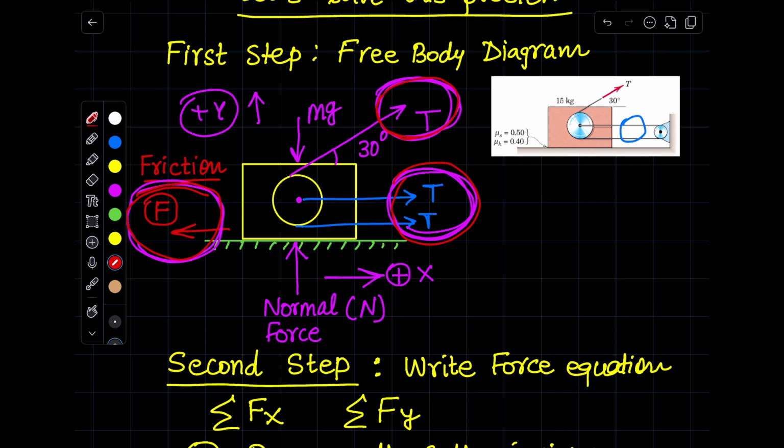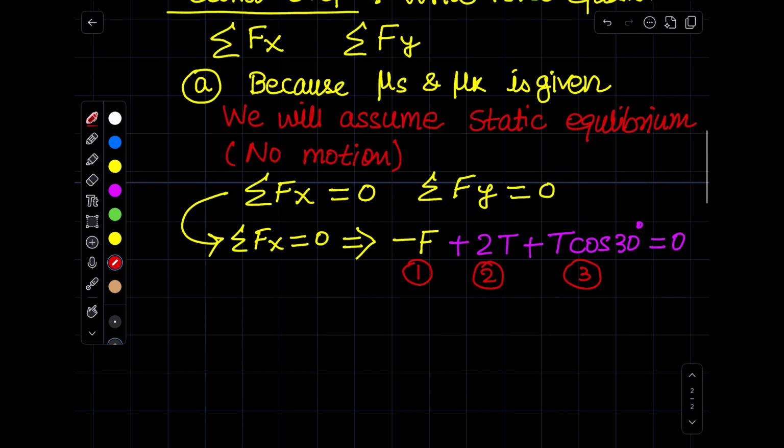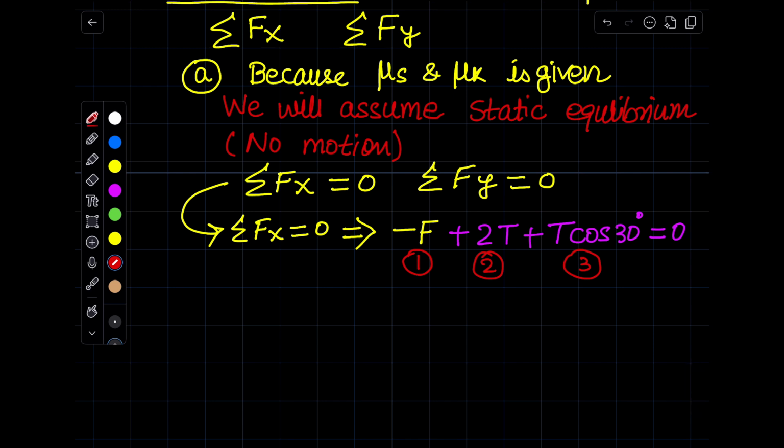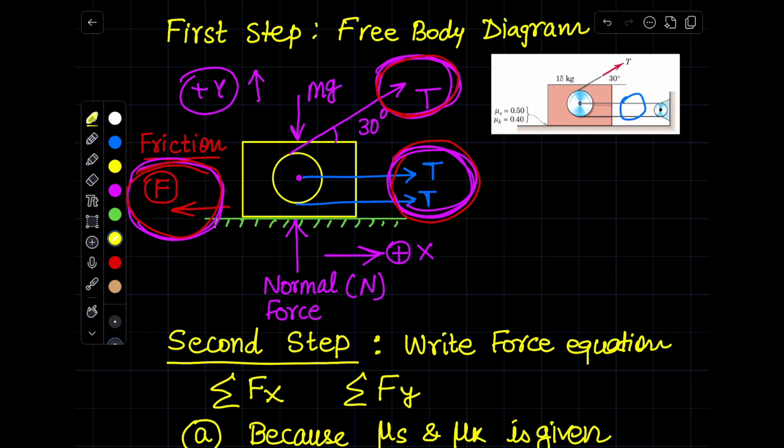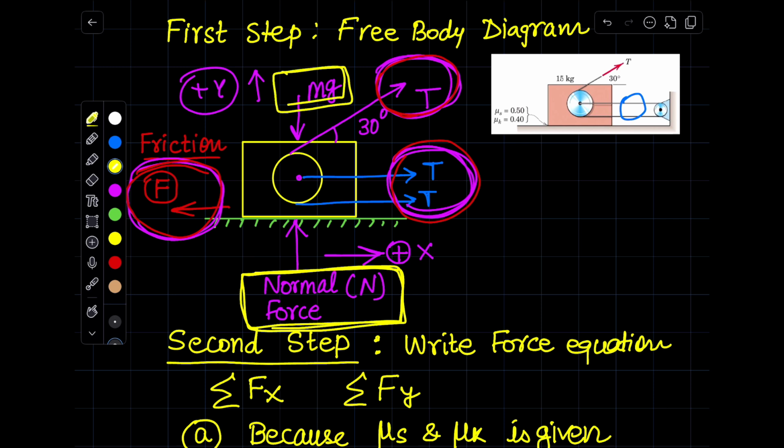Similarly, we will also balance the forces in the y direction. In the y direction, there are fewer forces, and it is very clear from the free body diagram. There is a normal force working towards the positive y direction. The second is the mg, which is working in the vertical downward direction.